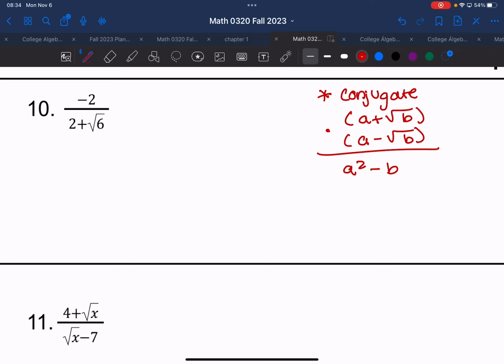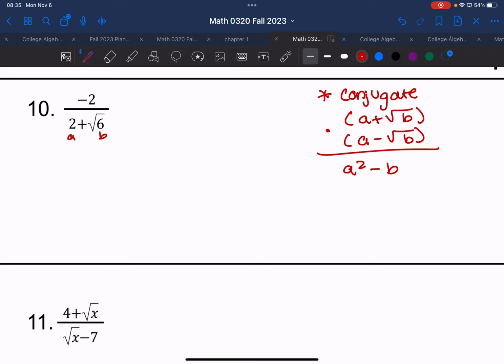B is on top and A is on bottom. So we're only looking at the denominator here. Only the denominator. Because notice how this, a plus the square root of b, looks like 2 plus the square root of 6. So 2 is a and b is 6. Correct. So this is a and b.